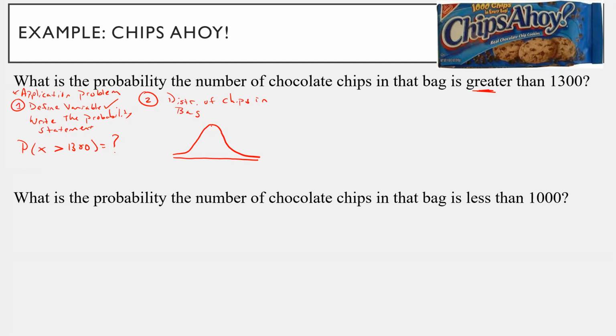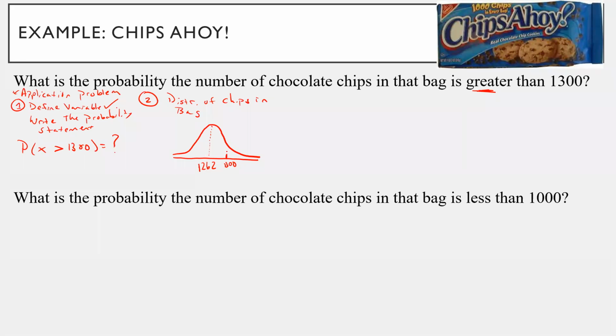The high point of the graph is the average. And I'm sorry, how many chips did I say were in a bag on average? Was it 1262, thank you. And I want to be greater than 1,300. So 1,300 is over here.